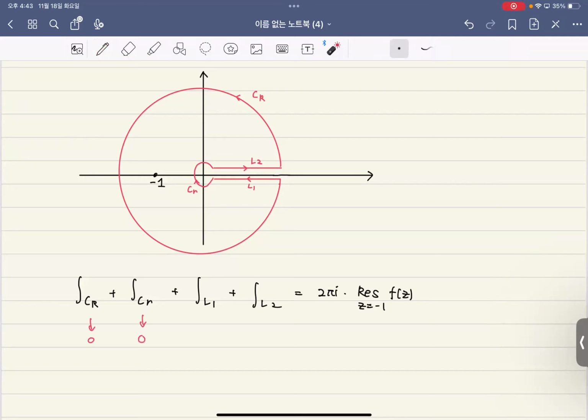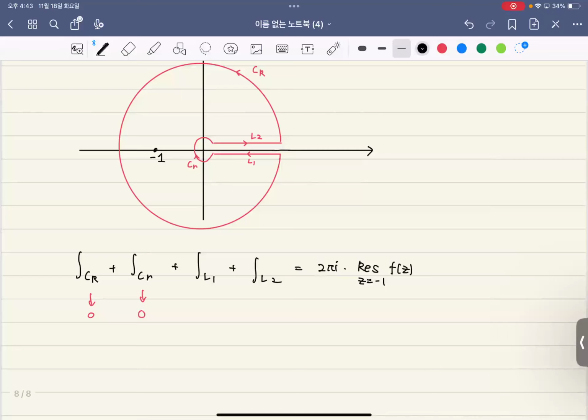And you can see this one, L1, is from minus infinity to plus infinity, since we are traveling in this direction, times e to the i 2 a pi times this, plus the other one, the integral of x minus a over x plus a dx.